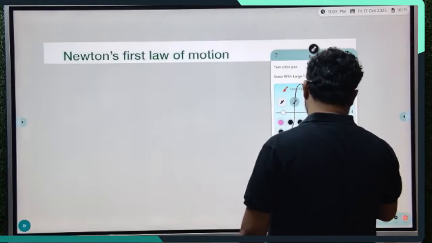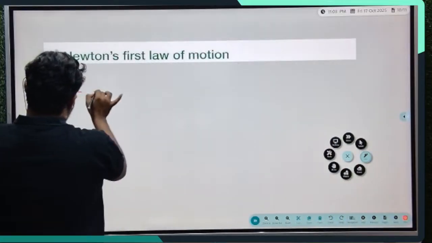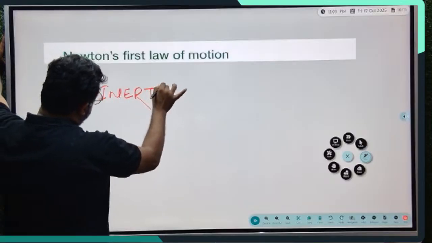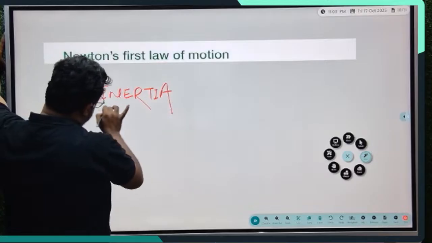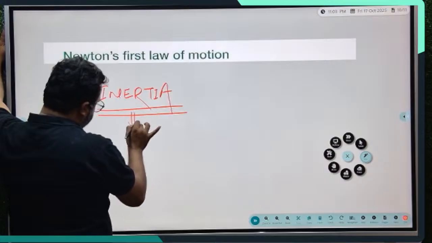First law of motion. Inertia. Inertia is basically a state.